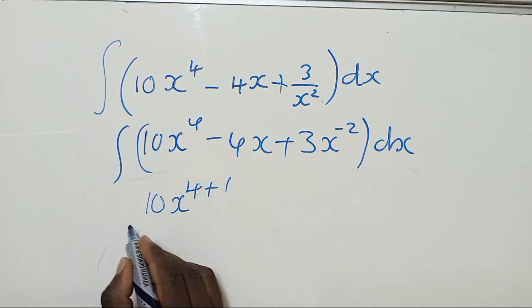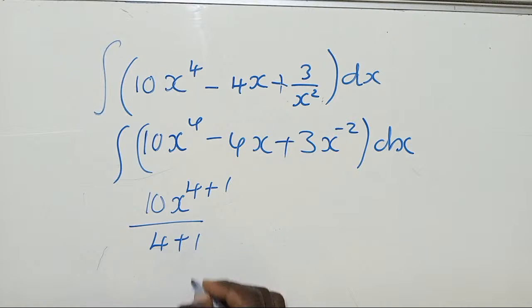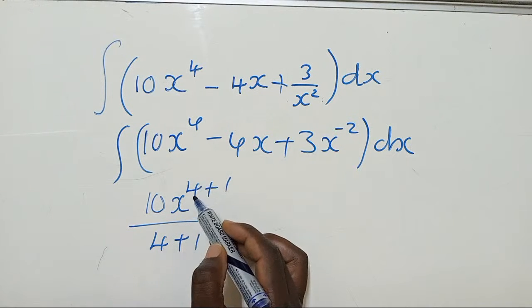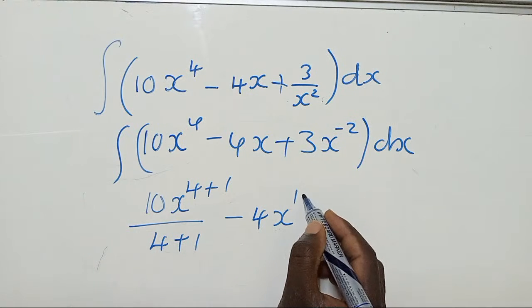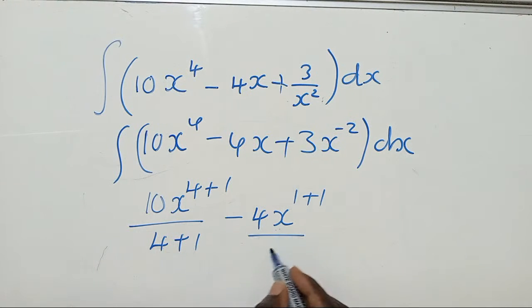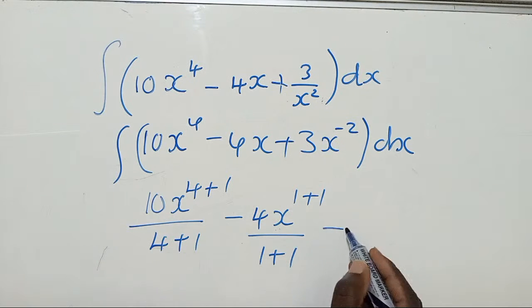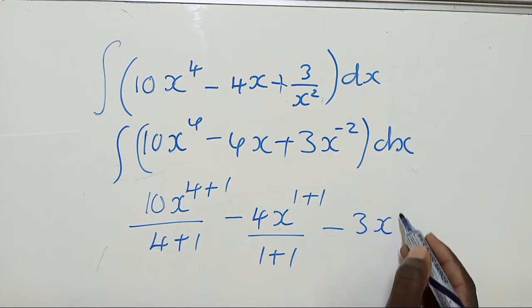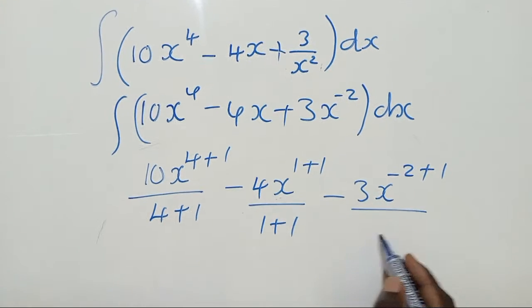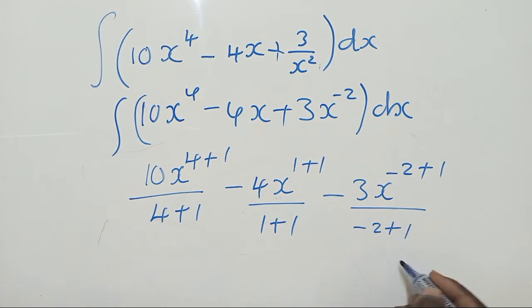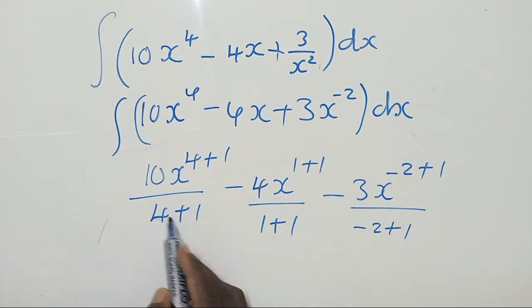You add a 1 and divide, just like that. To every power where there is x, add a 1. Even here there's power 1, so add a 1. Here we have something like this. Whatever you're getting on top must be divided.